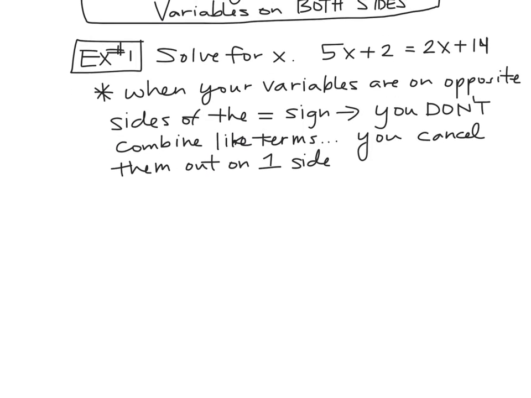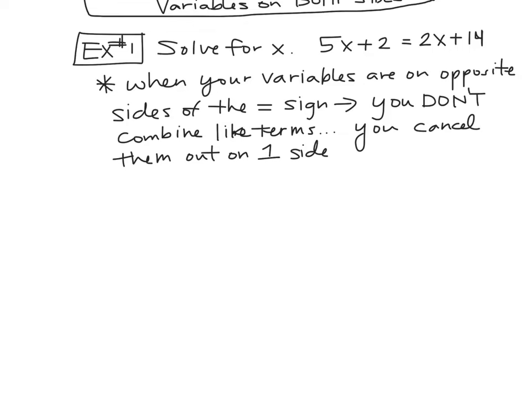So let me rewrite that problem and show you what I mean with that. So it's 5x plus 2 equals 2x plus 14. We are used to having a 2x over on the side over here and saying 2x plus 5x and combining that to 7x.